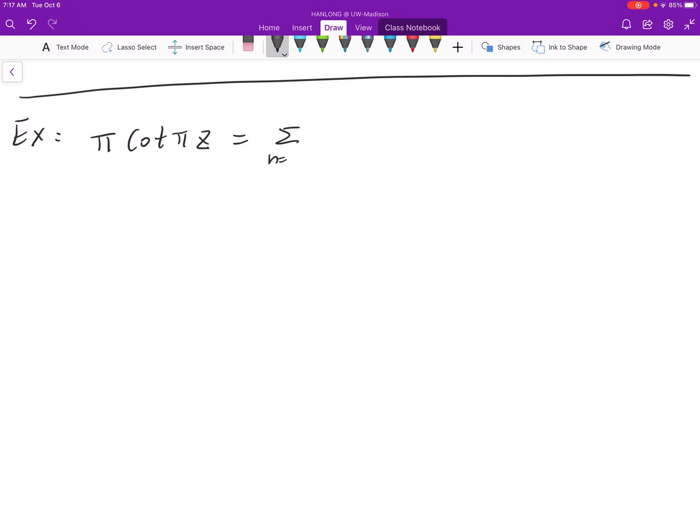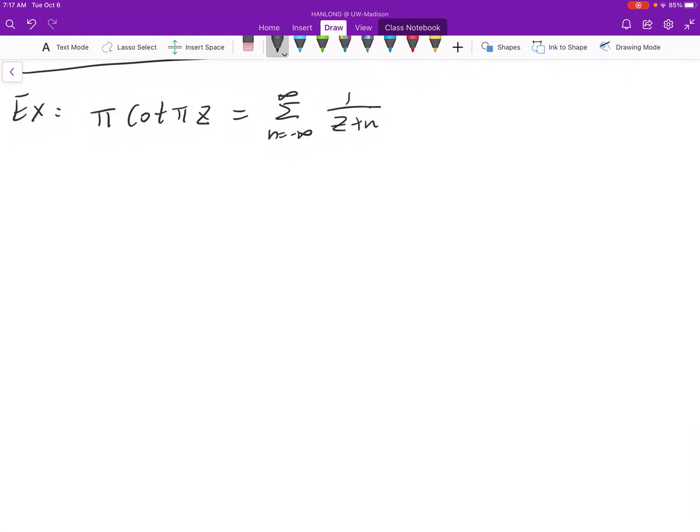This will be the summation from negative infinity to infinity of 1 over z plus n. Actually you can see this: you have poles at integers, and if you check that, you will find the residue is 1. So the principal part looks like this, and next we will prove that there's no holomorphic part.